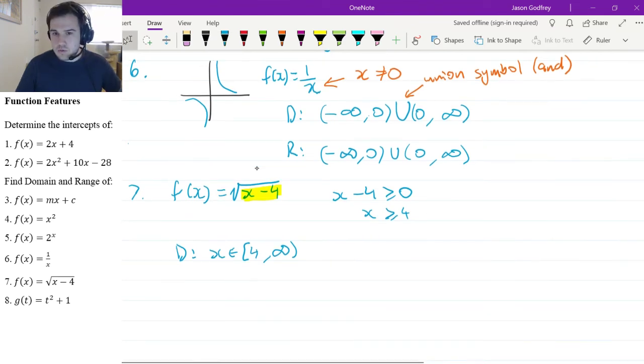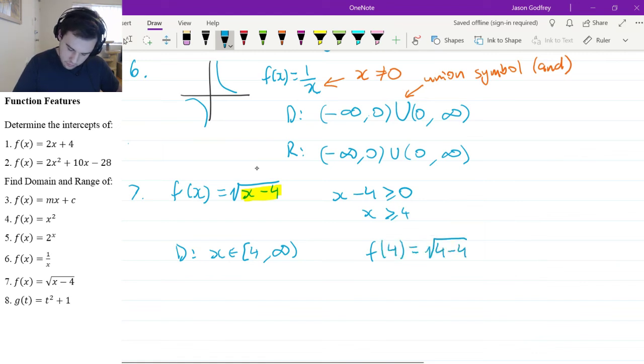Okay, so we've just said that x needs to be bigger than or equal to 4, so what's the lowest function value we're going to get? Well, the lowest value we're going to get is when we put 4 into the function. f of 4 equals root 4 minus 4, which is root 0, which gives 0. So the range, now I'm going to write this as f of x instead of y, which will become clear in a minute.